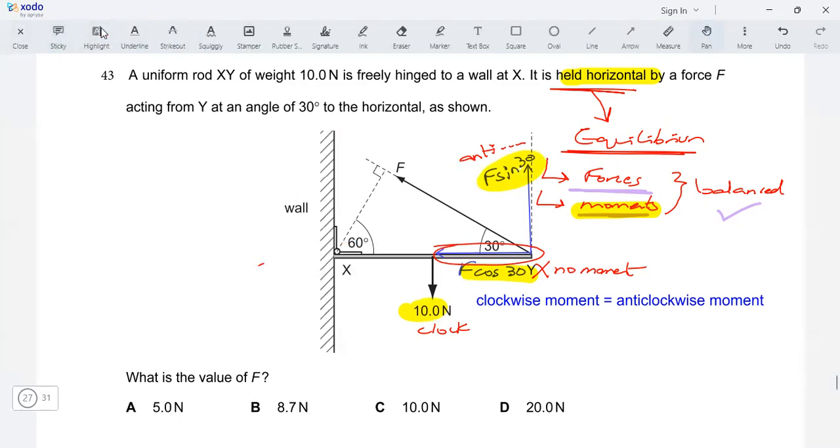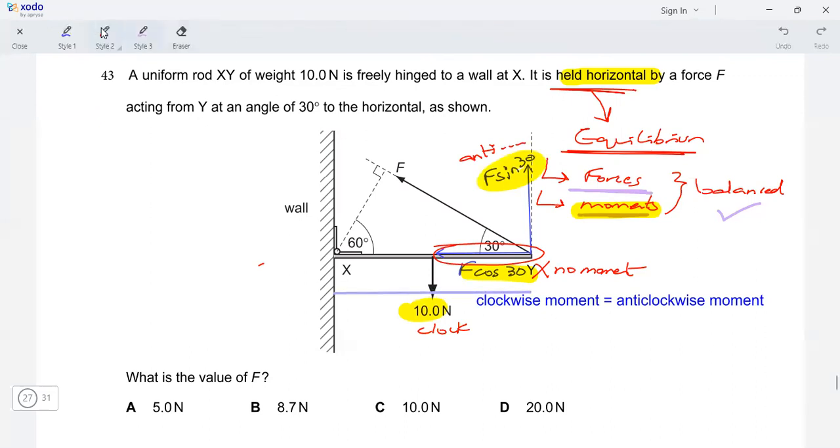Let's consider their moments. The formula for moments is force multiplied by the perpendicular distance from the pivot point. So the distances are not given to us, right? So let's consider a very rough distance.